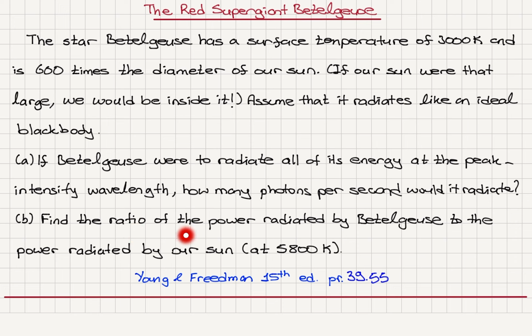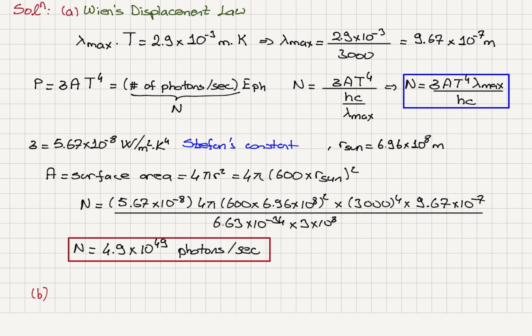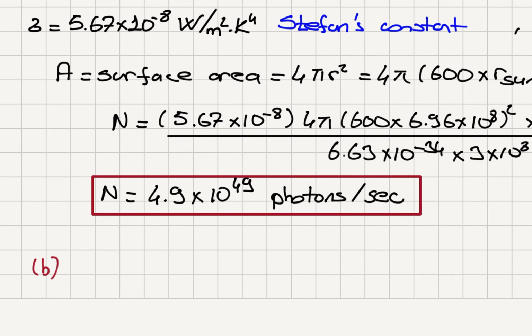And part B, ratio of the power radiated by Betelgeuse to that of our Sun. They have different temperatures. Now, Stefan's law tells me that the power radiated by Betelgeuse divided by the power radiated by the Sun is the intensity radiated by Betelgeuse times the surface area of Betelgeuse, over the intensity radiated by the Sun times the surface area of the Sun.